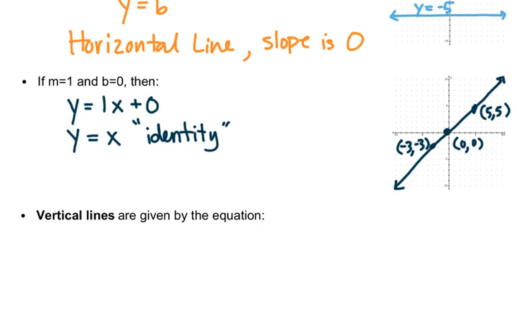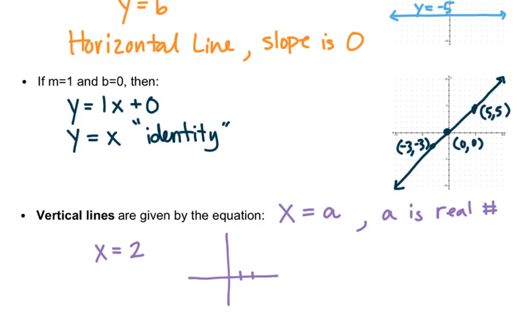And then the last thing we want to talk about is vertical lines. I want to mention those real quick. Vertical lines are given by the equation x equals a, and a is a real number. So x equals 2 would be a line passing through x equals 2. And all of the ordered pairs on that line would have a 2 in the x position.